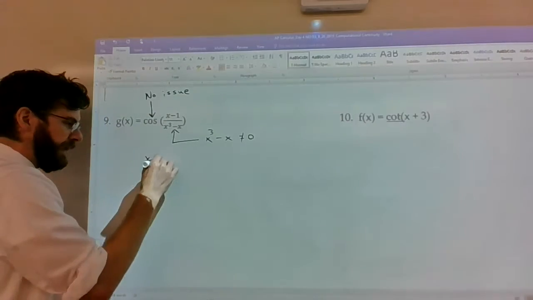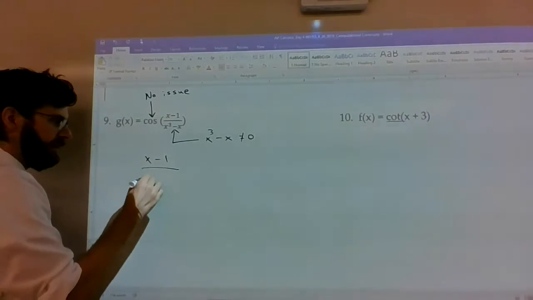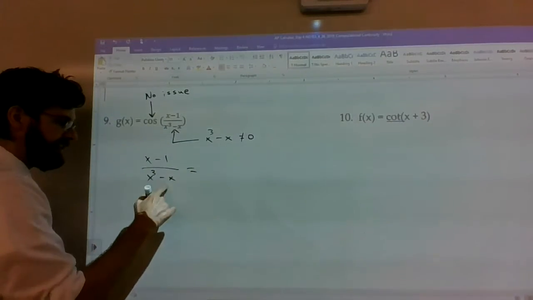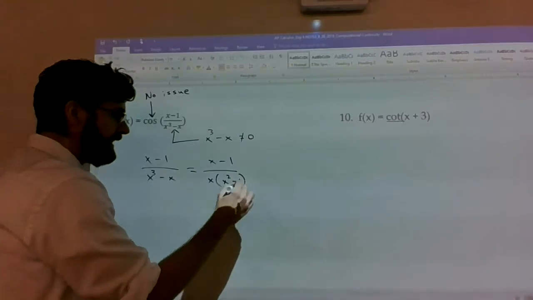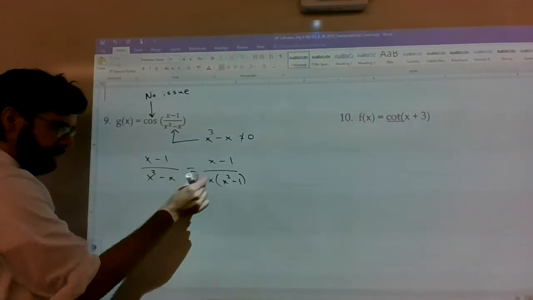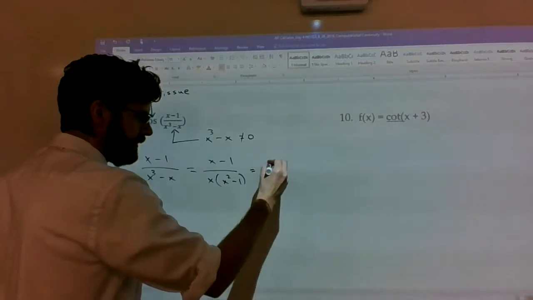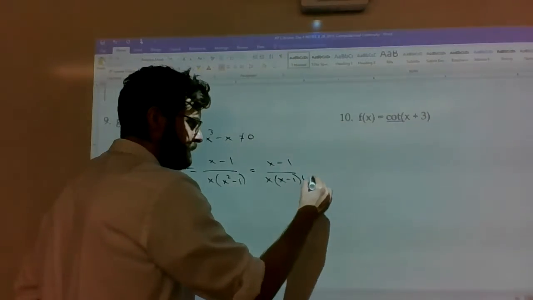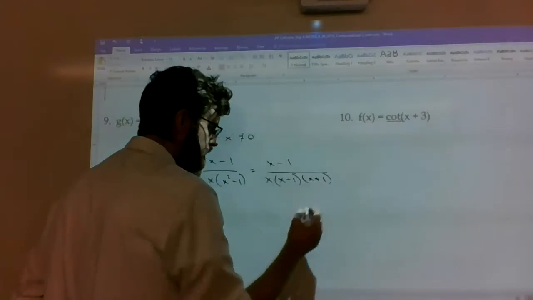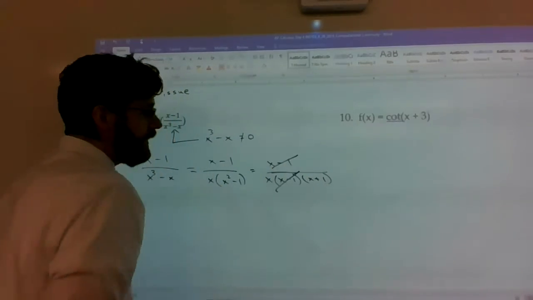So I'm going to expand this out a little bit here. You can take out an x, leaving you with x squared minus 1. Difference of squares factoring, which leaves you with x minus 1, x plus 1. All right.